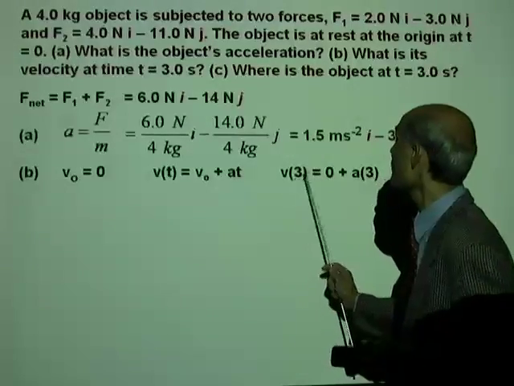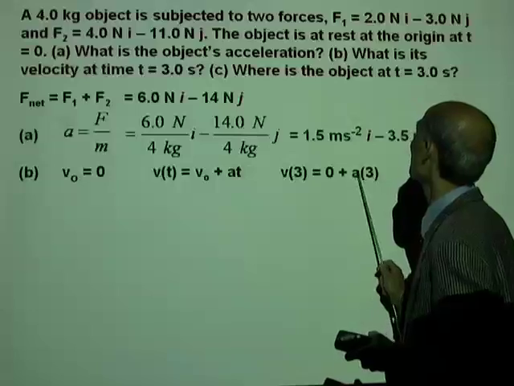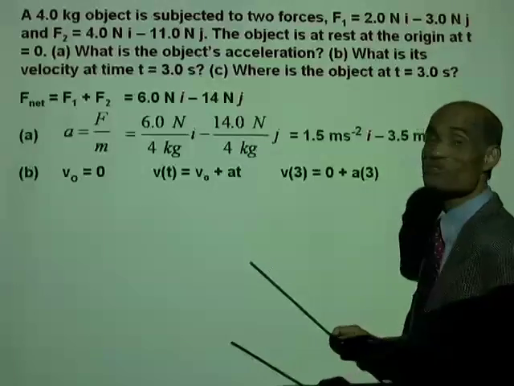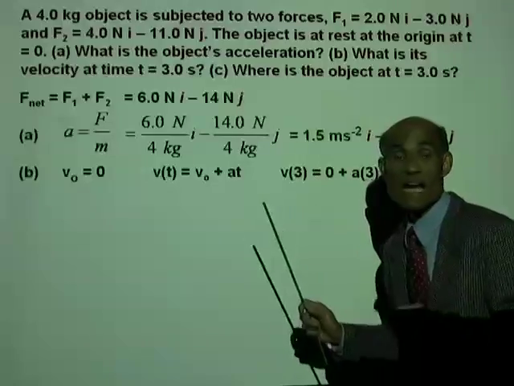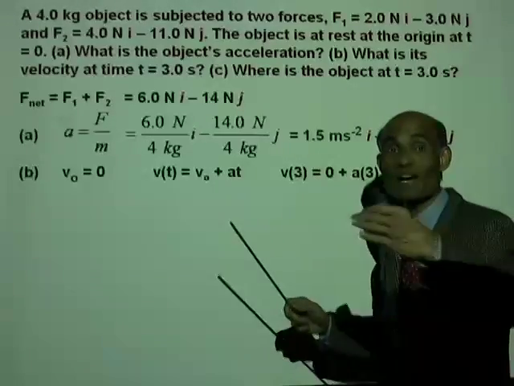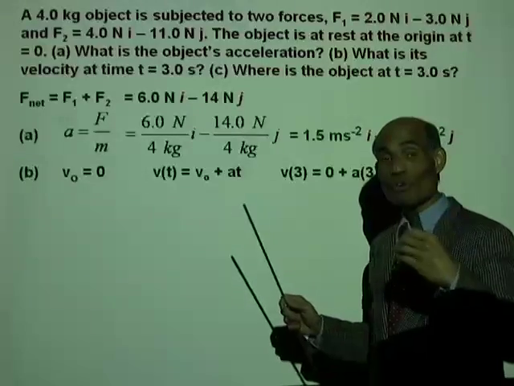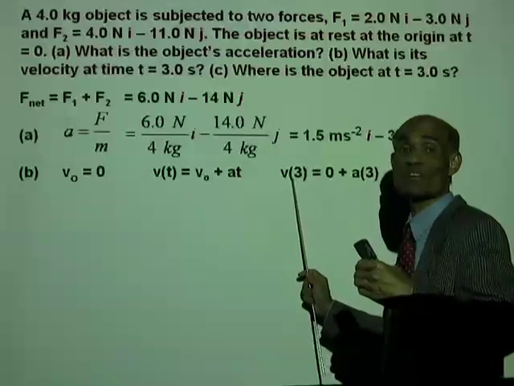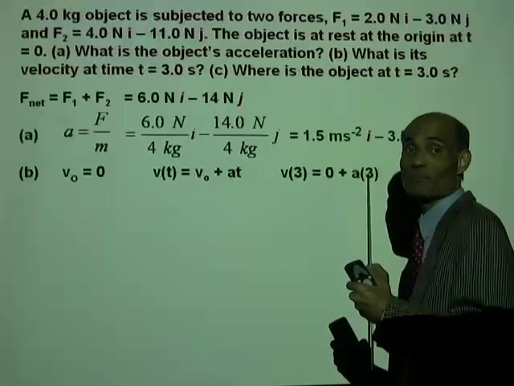Now, V of 3 is V0, which is 0, plus a times 3. Now, V of 3 has an X component and a Y component. What does V of 3 stand for? Velocity at the end of 3 seconds is acceleration multiplied by 3.